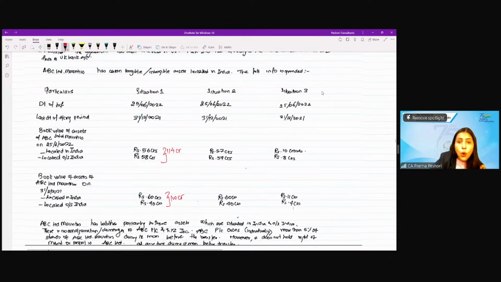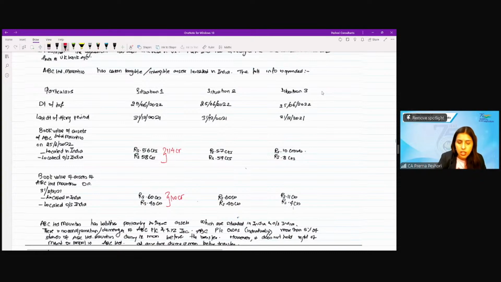Got it? We don't take only the Indian assets. We will take all the assets over here, whether located in India or outside India, for determining the specified date. We have to see whether the book value of the total assets is more than 15% of the book value of the assets as on the last day of the accounting year.